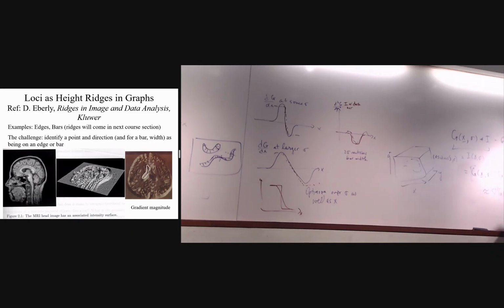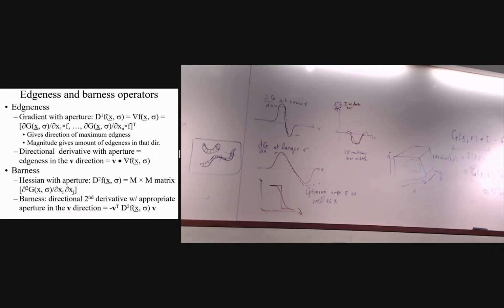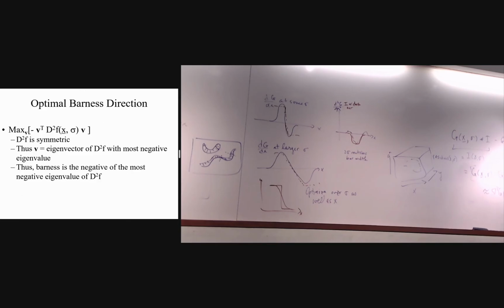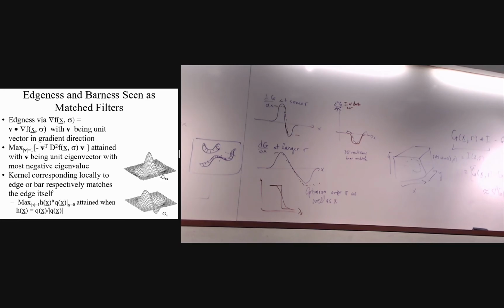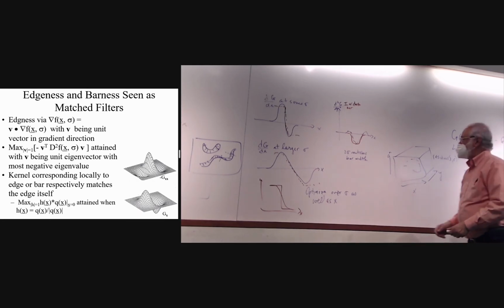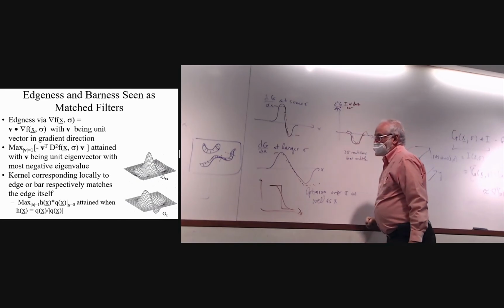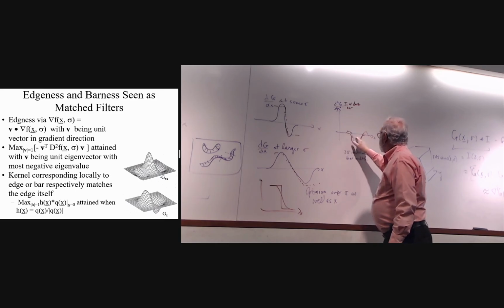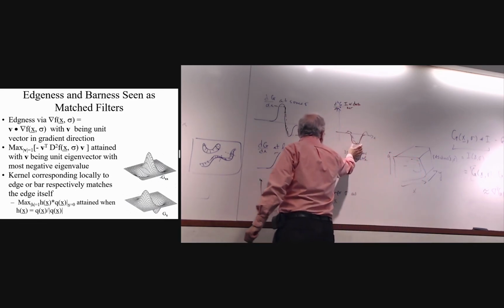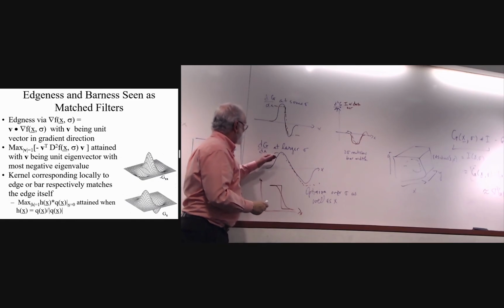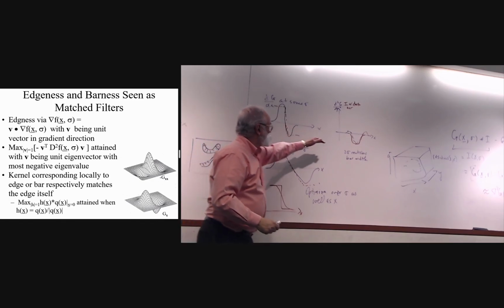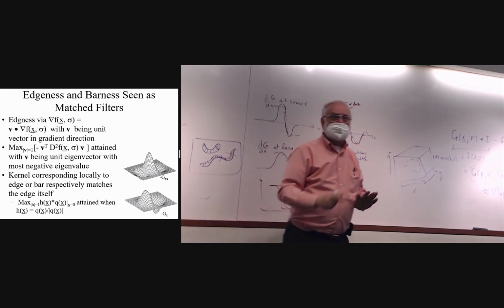We've already talked about how to compute edgeness and barness, and I'm not going to go through this, and that the optimum barness direction is an eigenvector direction. And that this whole business corresponds to matched filtering. That is to say, you want the kernel to match the shape of the object in question. For example, here versus here, there. Okay? So this is all tied together.